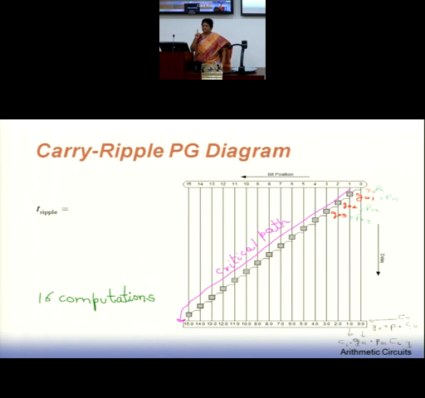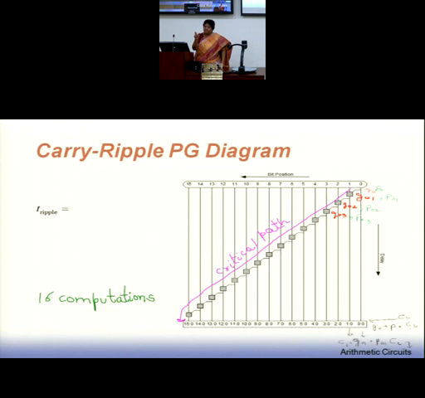Now look here. G1, P1, independently you can compute. You need not wait for any carry output. G0, P0, all these values immediately you can get in one step. Now G01 will be simply a combination of G0 and G1, which is independent of carry. I can independently calculate G01, G02, G03.